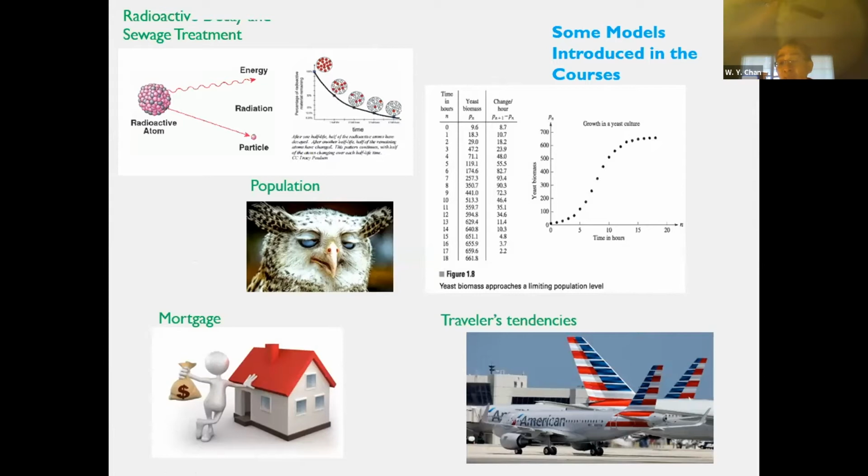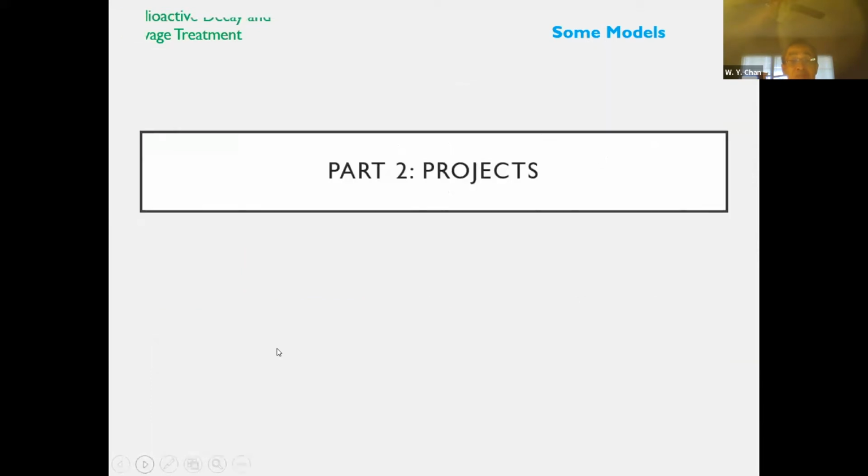Then what will be the trend of the travelers? If they take this flight on American Airlines, then will they switch to another airline and so on? So we build this kind of model and let the students figure out what will happen with the equilibrium solution. So they're excited about that.